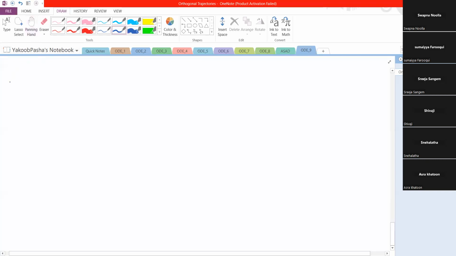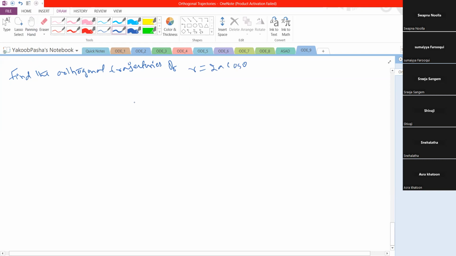Find the orthogonal trajectories of r is equal to 2a cos theta, where r and theta are polar coordinates.